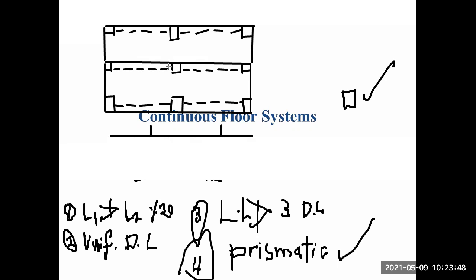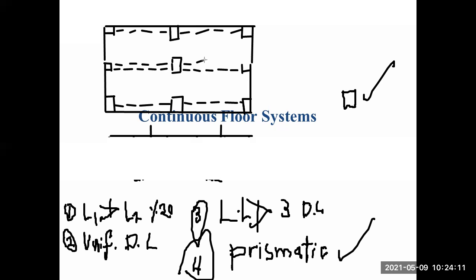And of course, we will not have this dash line anymore. It wouldn't be a continuous line. It would be a dash line at this point, our internal beam. This is the column. Okay.